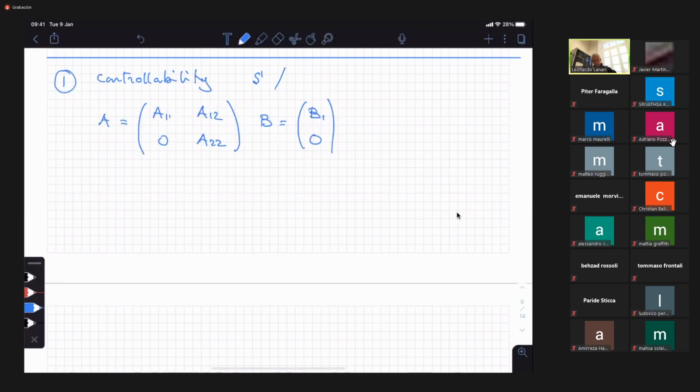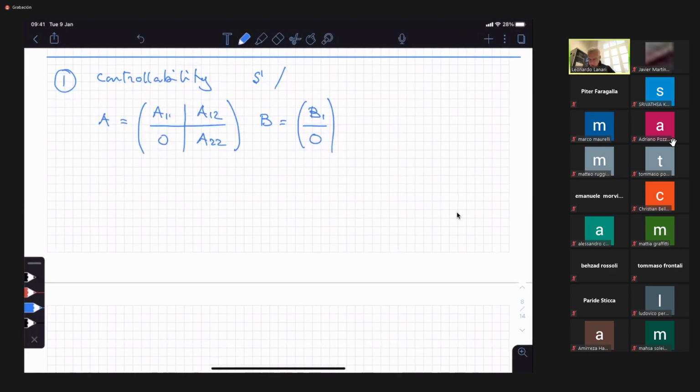So A11 is a square matrix, A22 is a square matrix, and all the other matrices.